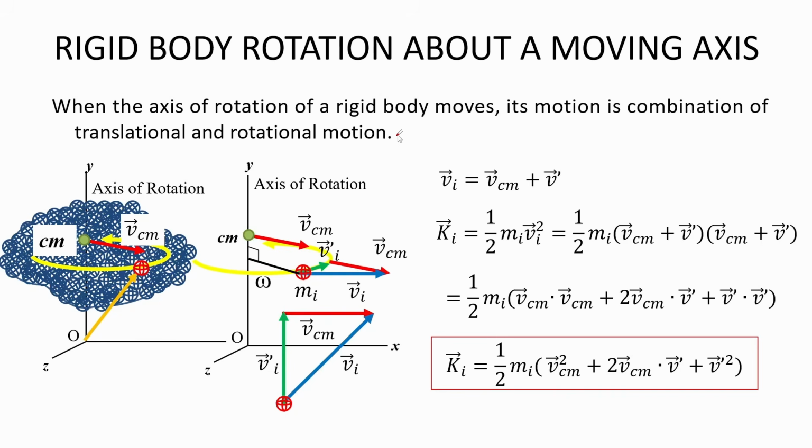Okay. So let's look at the free body diagram. This one is in 3 dimensions. It's rotating about the y axis, counterclockwise. So again, we use the mass particle M1.